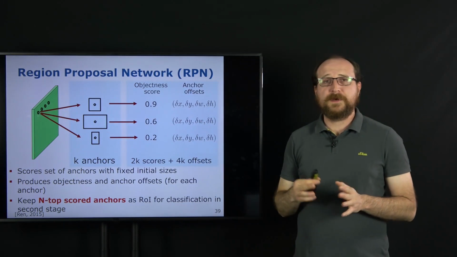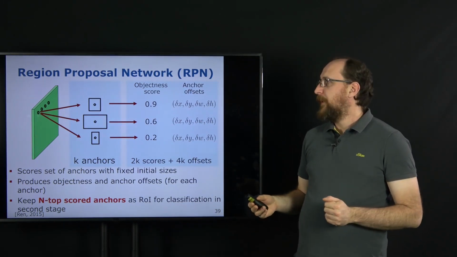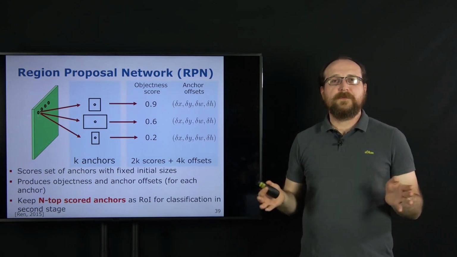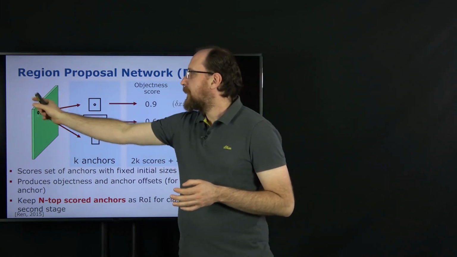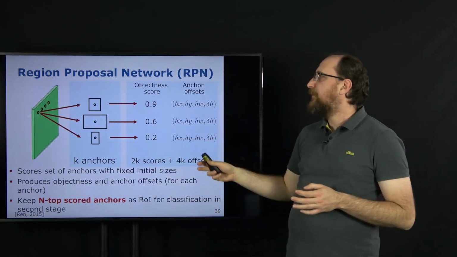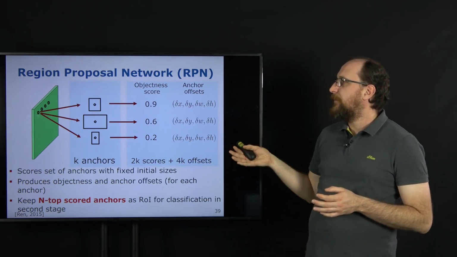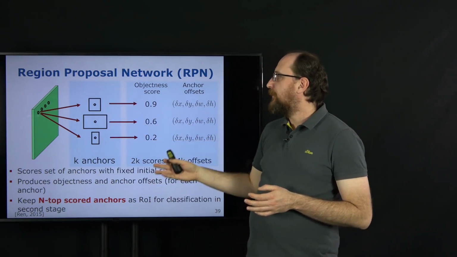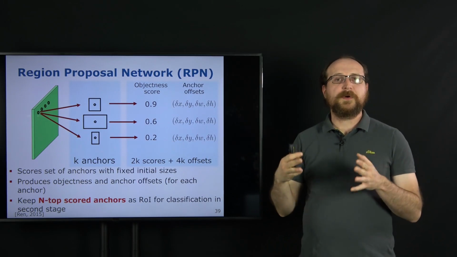So we have a very dense sampling of the whole input image. As the convolutions and the max pooling operations in between correspond to different locations in the input image, this enables us to rank the proposals based on the objectness scores, hopefully such that the top proposals are on top of an object.